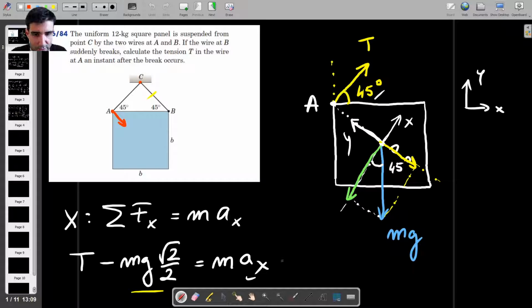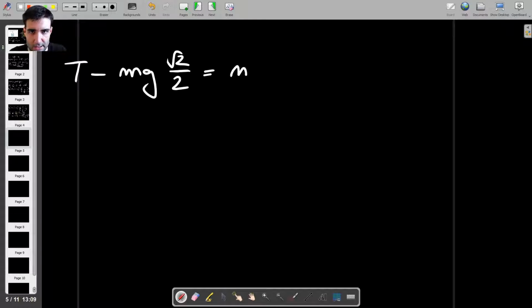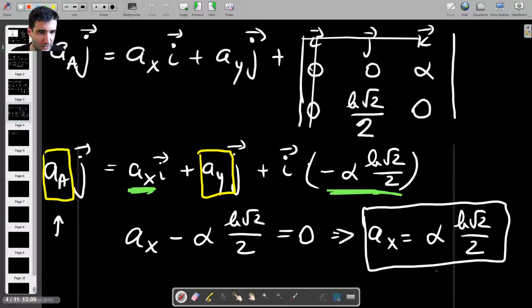So what I would do here is I would take this equation and I would substitute ax in it. So here's what we have. We've got tension minus mg, and then we have root 2 over 2 equals mass times ax. But ax we know is equal to this, so I'll just write that instead.